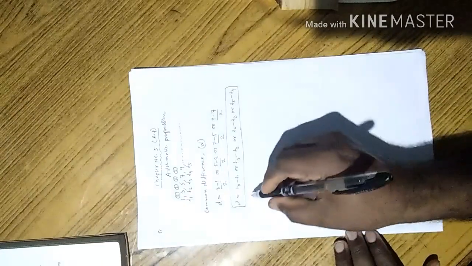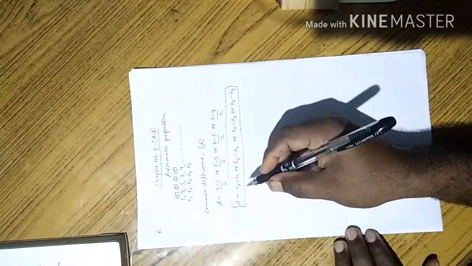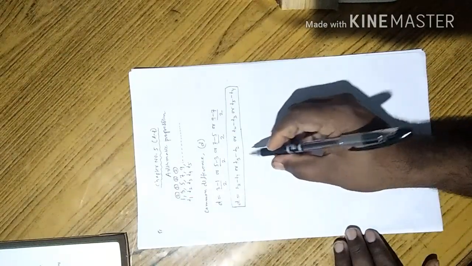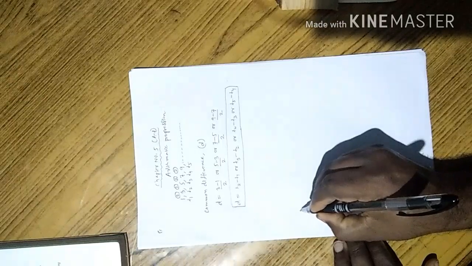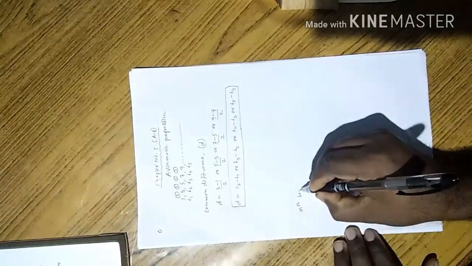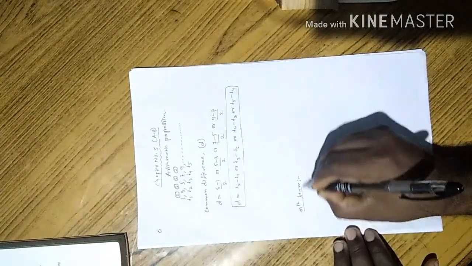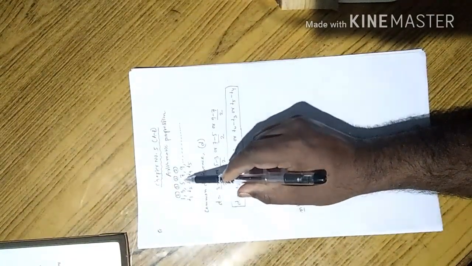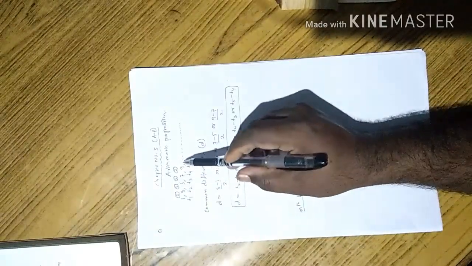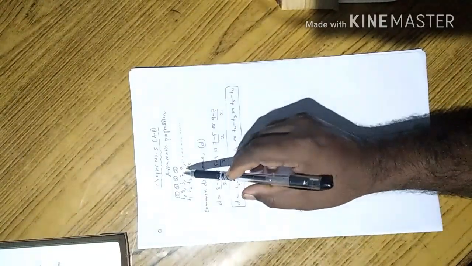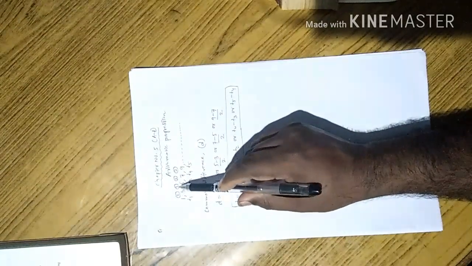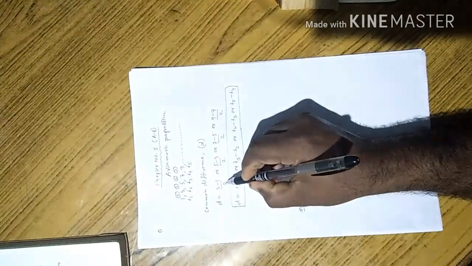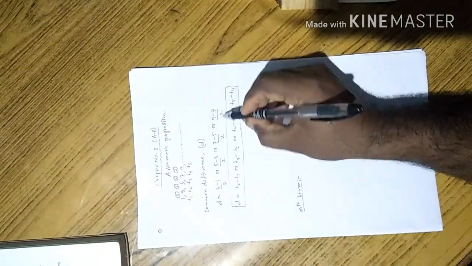Next I will discuss the nth term. One thing I want to share with you. You see the numbers 1, 3, 5, 7, 9. Are these numbers in AP or not? You see the differences: 2, 2, 2. Everywhere is 2. Suppose here you got 2, here you got 2, here you got 3, but here you got 2.